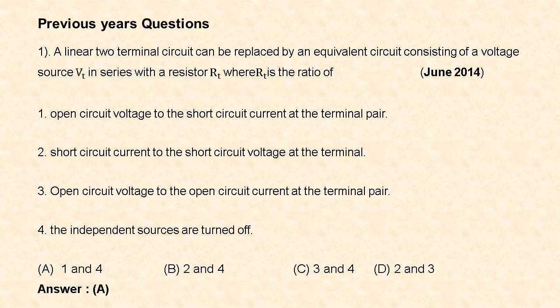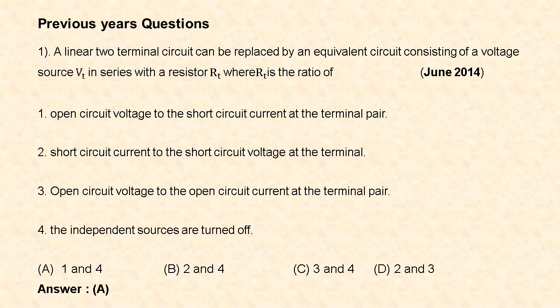This question was asked in June 2014 and the options are: 1, open circuited voltage to the short circuit current at the terminal pair; 2, short circuit current to the short circuit voltage at the terminal; 3, open circuit voltage to the open circuit current at the terminal pair; 4, the independent sources are turned off. So the options are A 1 and 4, B 2 and 4, C 3 and 4 and D 2 and 3.